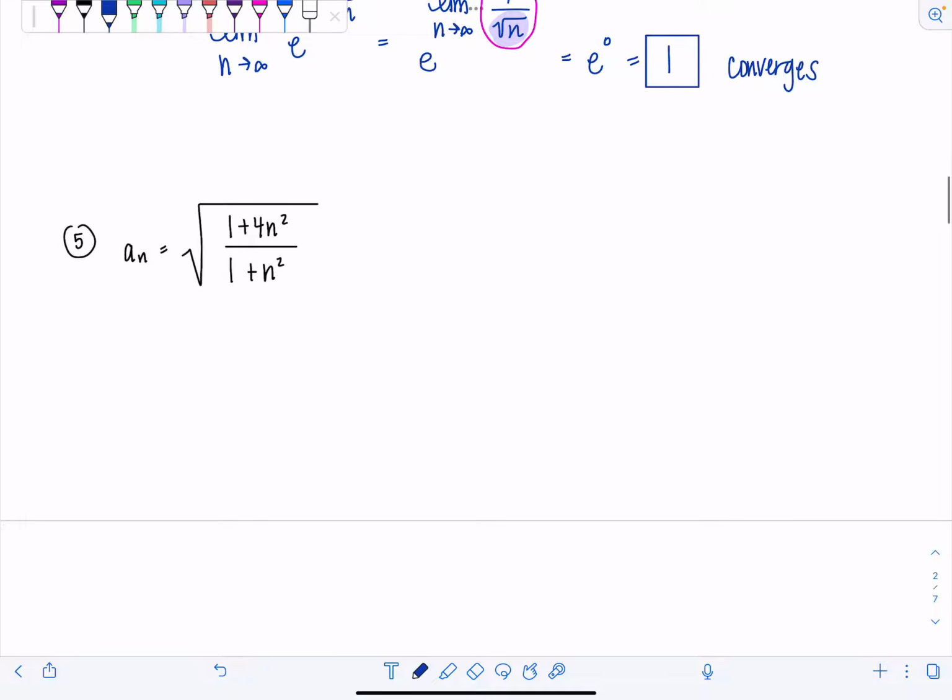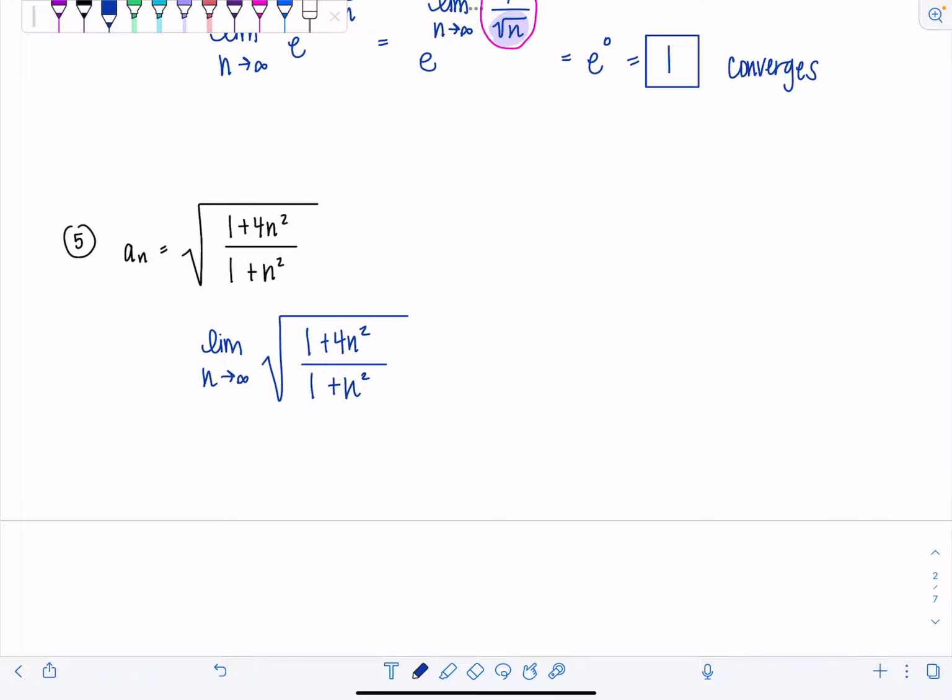Example 5. a_n equals the square root of (1 plus 4n squared) over (1 plus n squared). Every single time, start off with the limit as n approaches infinity of the square root of (1 plus 4n squared) over (1 plus n squared).